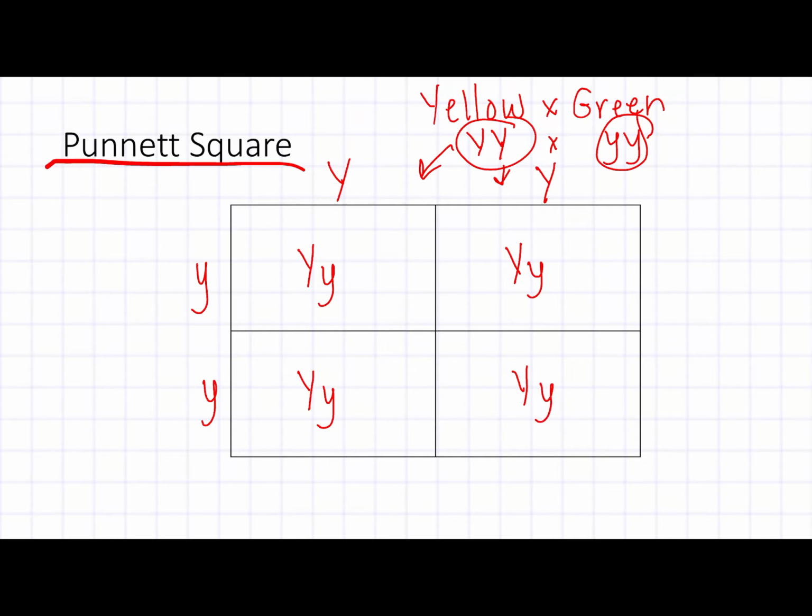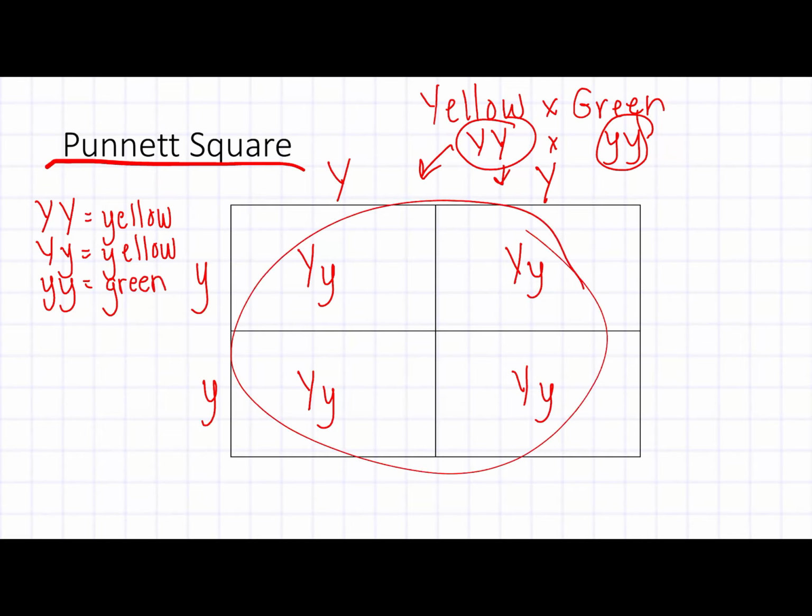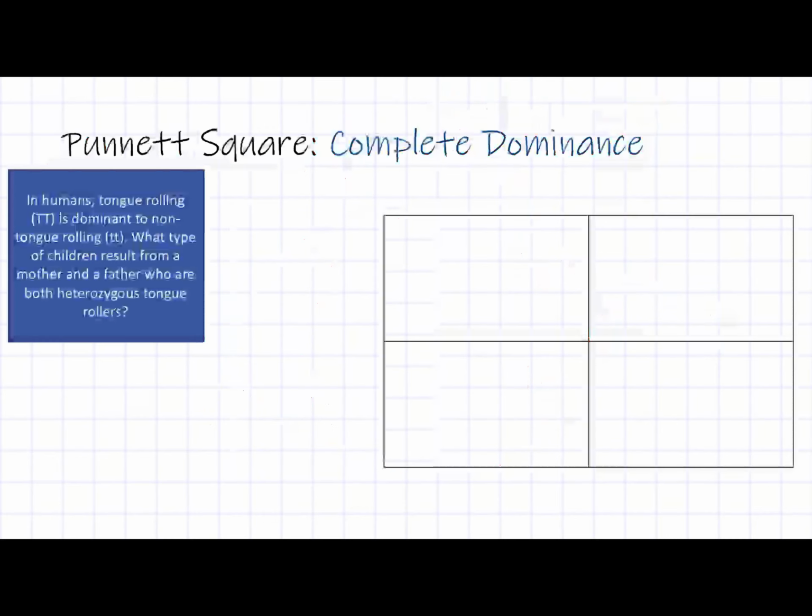So it's helpful to keep an inventory of how your genotypes match to your phenotypes. So 2 big Y's is yellow, because yellow is dominant. Being heterozygous also means you're yellow. And only when you're homozygous recessive do you get to be a green pea. So we see here that 100% of these offspring are heterozygous and therefore are yellow.